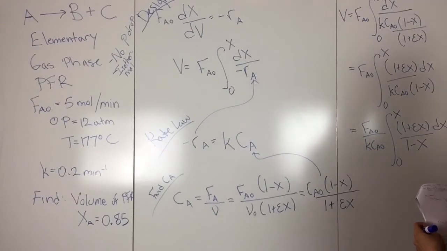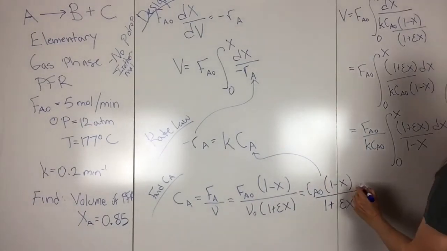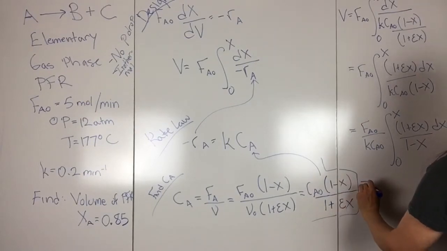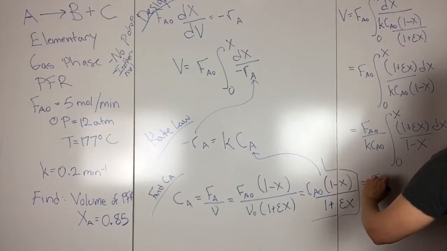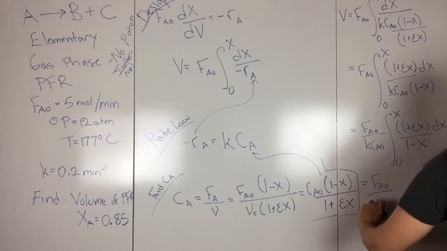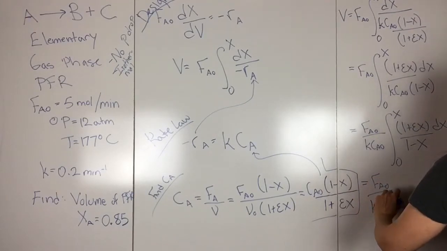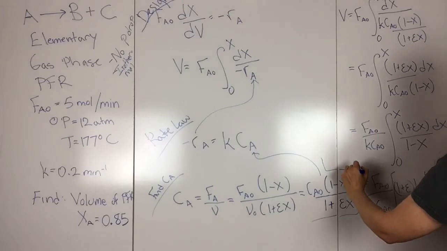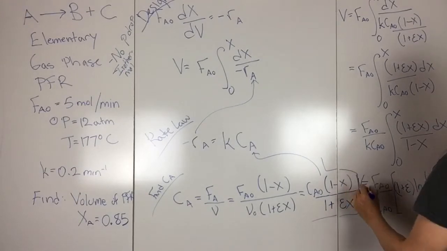So this ends up equaling Fa naught over K Ca naught times (1 plus epsilon) natural log of 1 over (1 minus x) minus epsilon x. So the volume equals that.